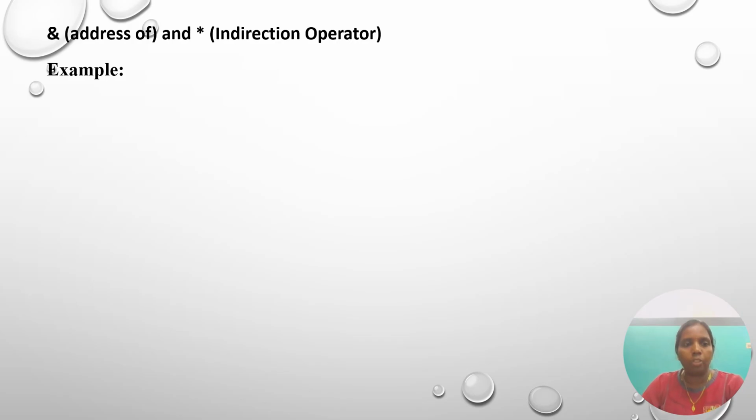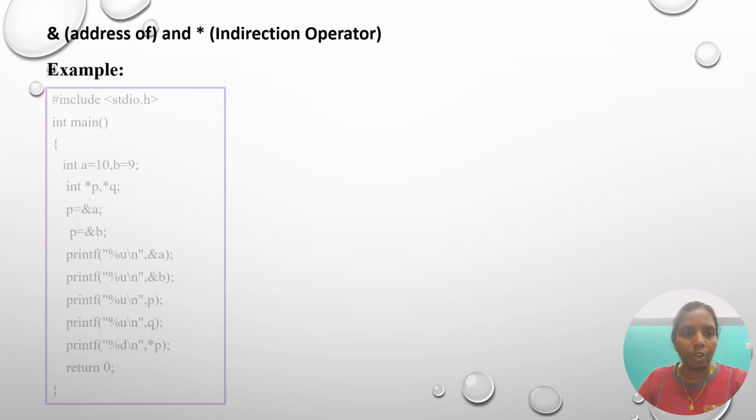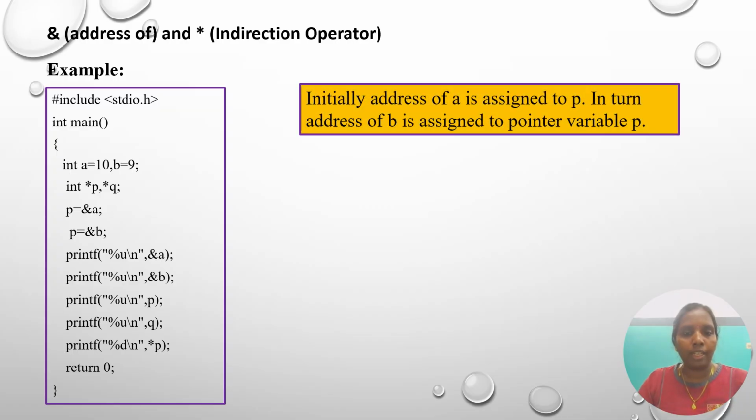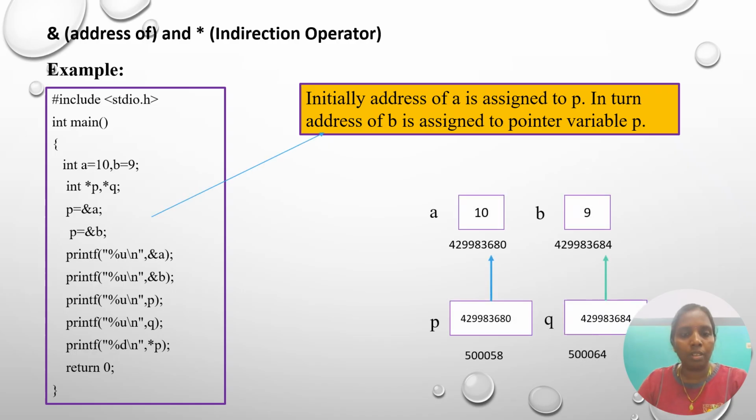So one more example showing the address operator and indirection operator. Initially the address of A is assigned to P. In turn, the address of B is assigned to the pointer variable P. This is a small example showing where the memory address and the values are stored.